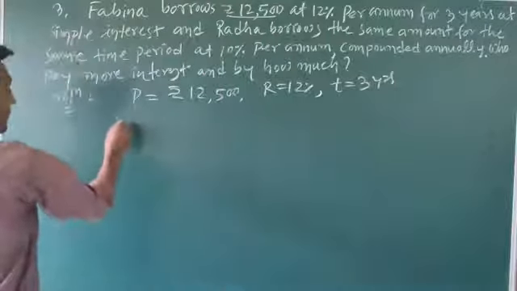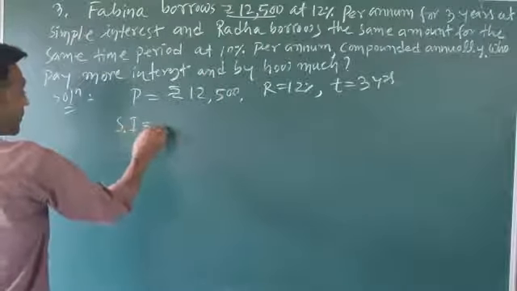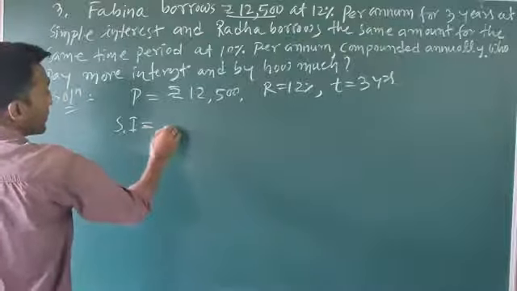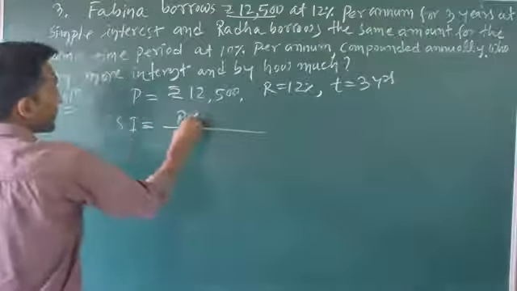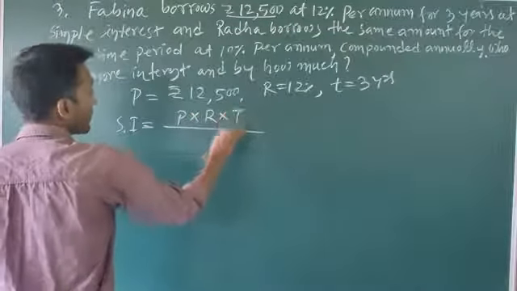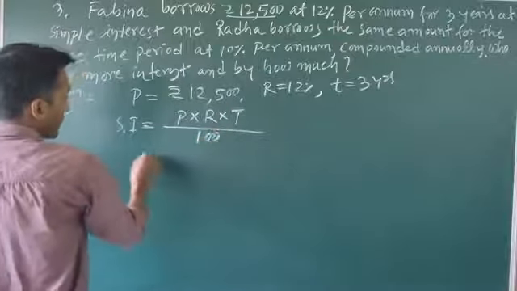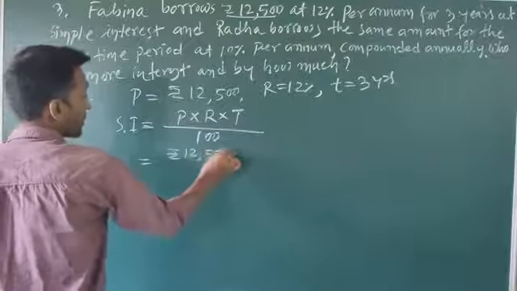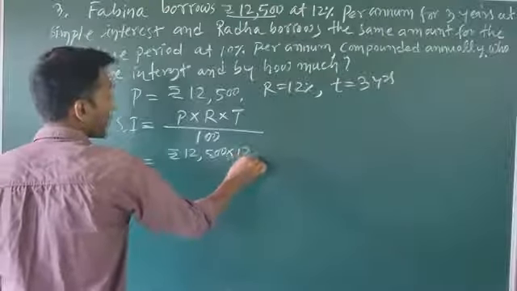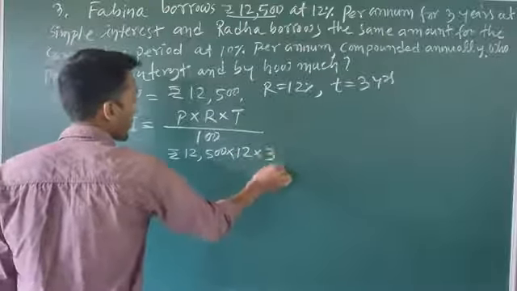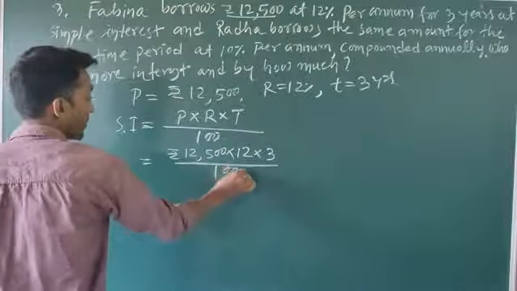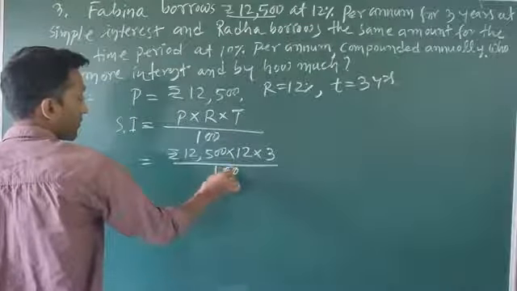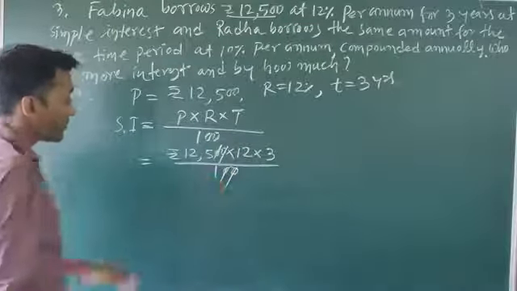So find the simple interest. The simple interest formula you have got already in lower class. Principal amount is 12,500, rate of interest is 12, times 3 by 100. This denominator 0 0 you cancel with this numerator 0 0.